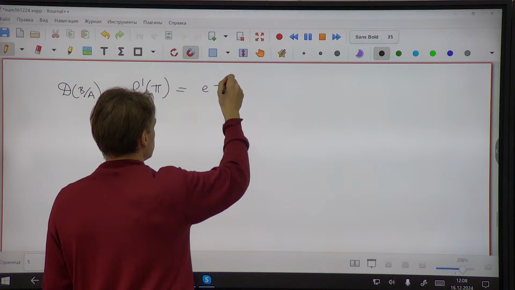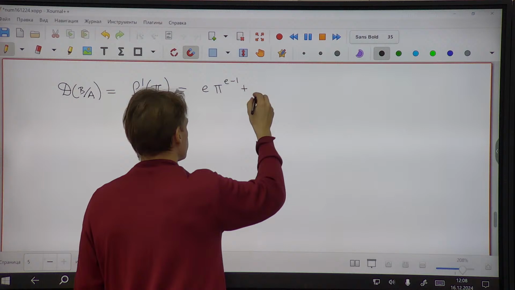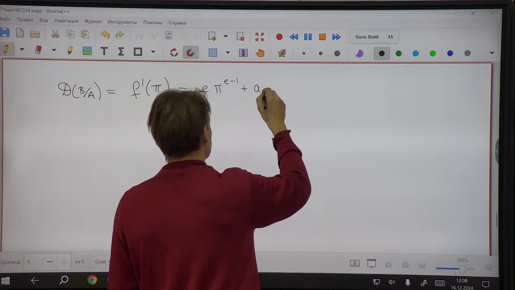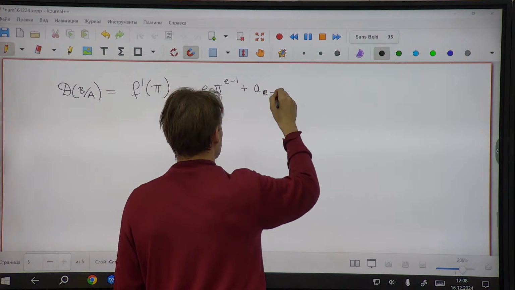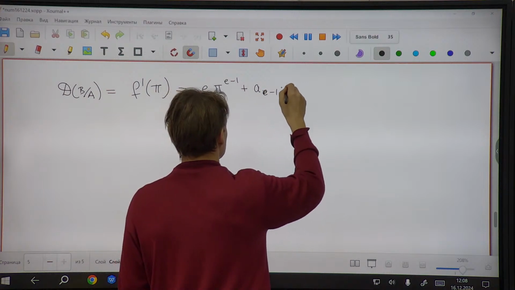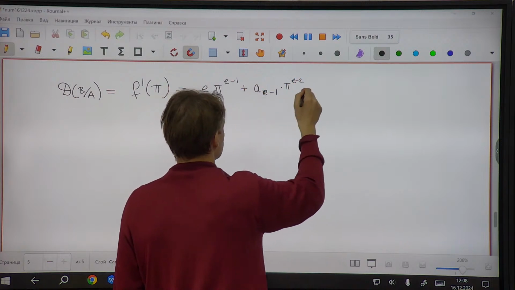It is P minus 1 plus E minus 1 times E minus 2.